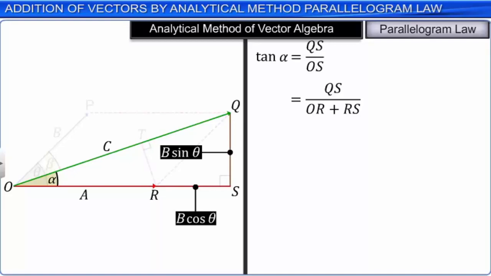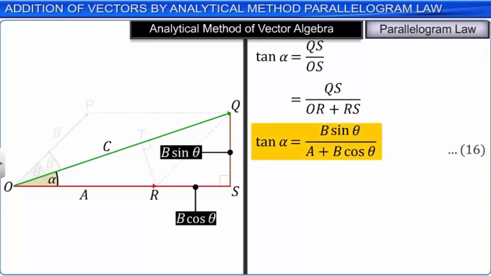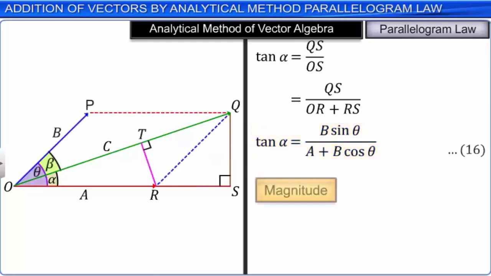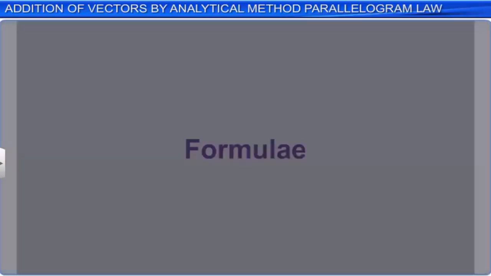Thus, the parallelogram law helps you find the magnitude and direction of the resultant vector C. C is equal to square root of A square plus B square plus 2AB cos theta. This equation is known as the law of cosines. Using this, we can find the magnitude of the resultant vector.